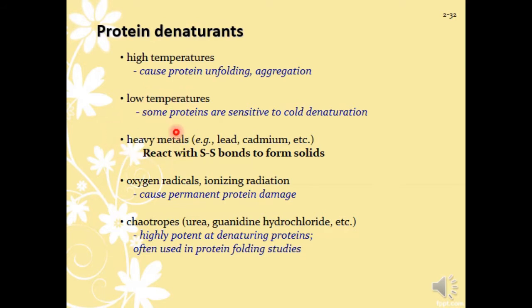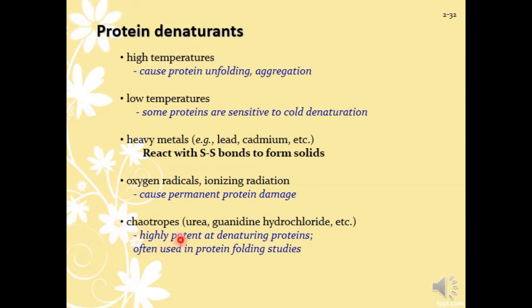The third denaturant here is heavy metal. Heavy metals such as lead and cadmium will react with the disulfide bond of the side chain, which forms a solid. The next one is oxygen radical, or any ionizing radiation. This will permanently damage protein structure.